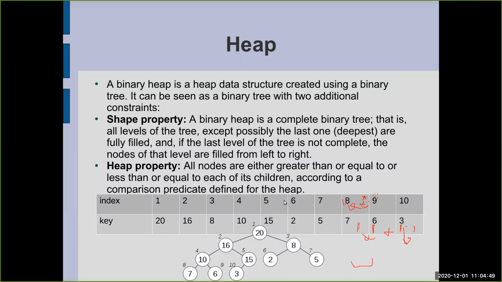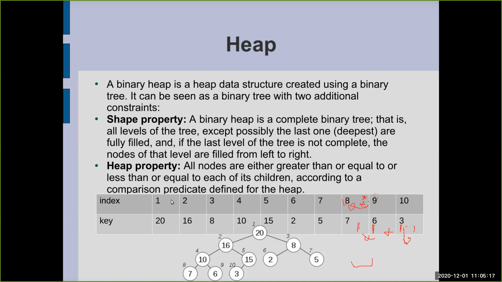A heap, in fact, is a binary search tree, but all elements are stored in an array. So I have a continuous block of memory, and I store these elements in a continuous block. So there are no separate nodes.